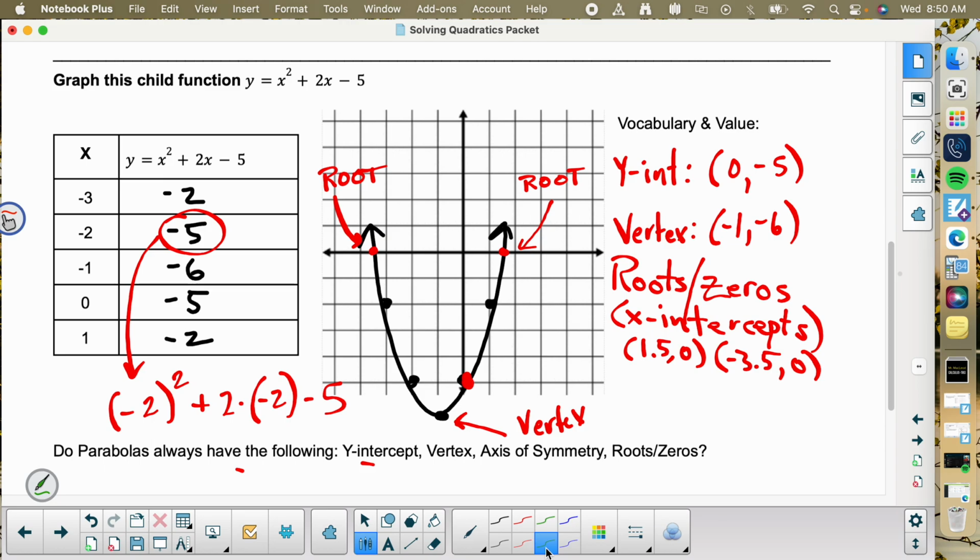Jackie, the last thing we need to talk about is called the axis of symmetry.